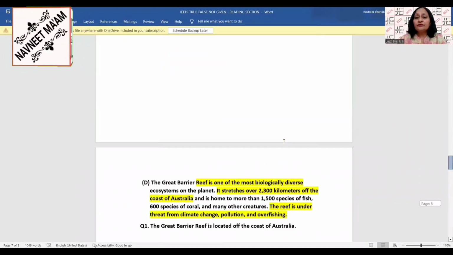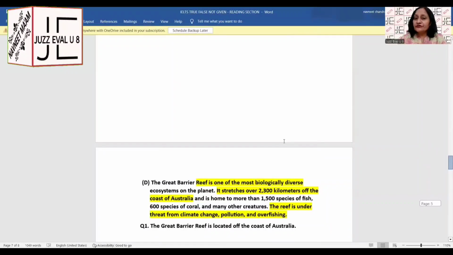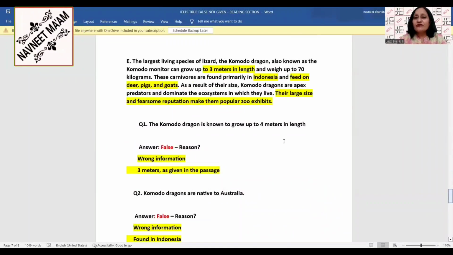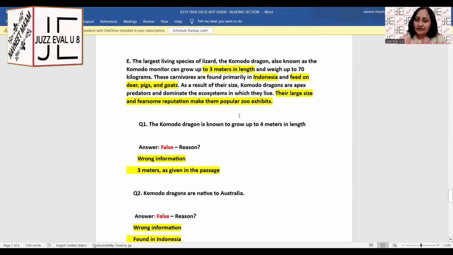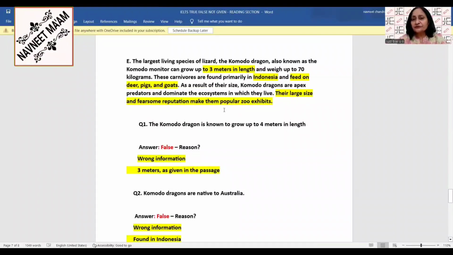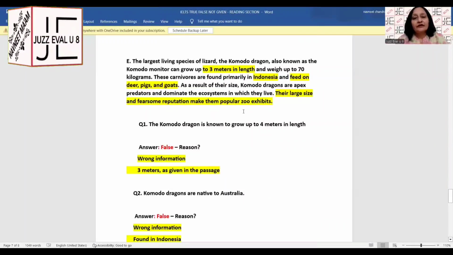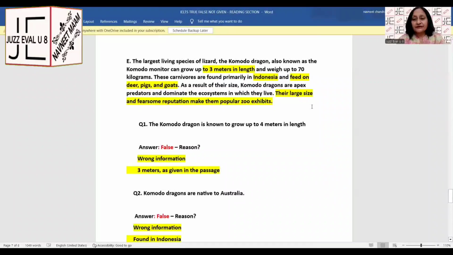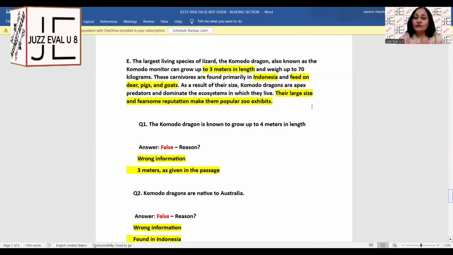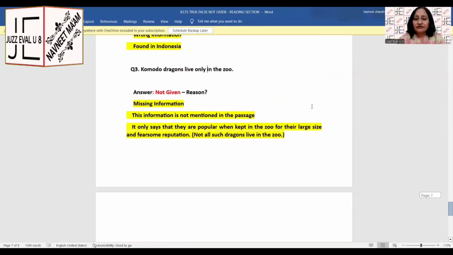They do not live only in the zoo, but some of them are kept in the zoos where they are quite popular with the people who like to see them. But it is nowhere mentioned that they live only in the zoo. So that's why it is not given.